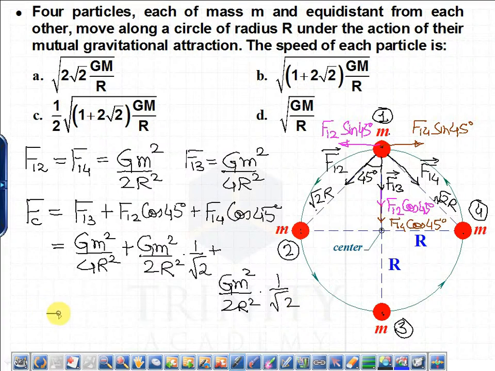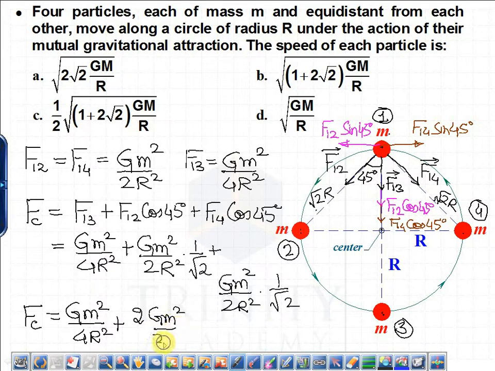So further we can write that centripetal force Fc is equal to Gm square by 4r square plus, because these two terms are the same, twice into Gm square by 2 root 2 r square.